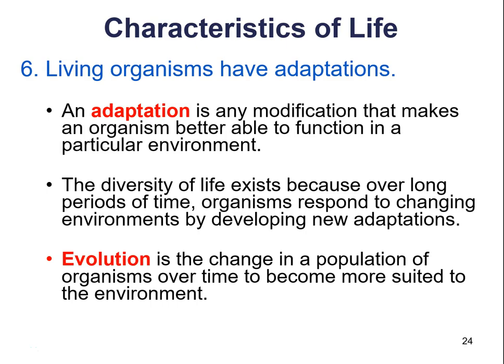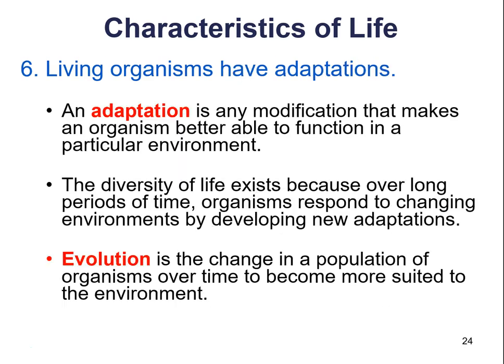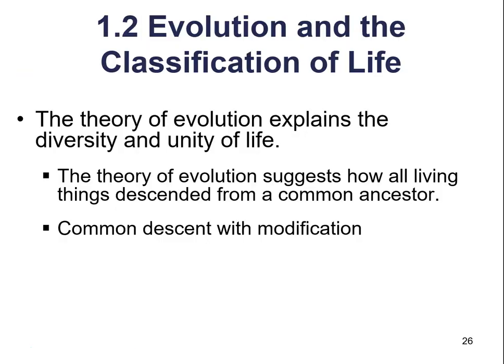What's driving evolution and natural selection are genetic changes. There are certain genetic changes that make organisms more suited for the environment. Those are the organisms that survive, and those are the organisms that then reproduce. And then we have more and more of those organisms that are more suited for the environment. That's evolution.